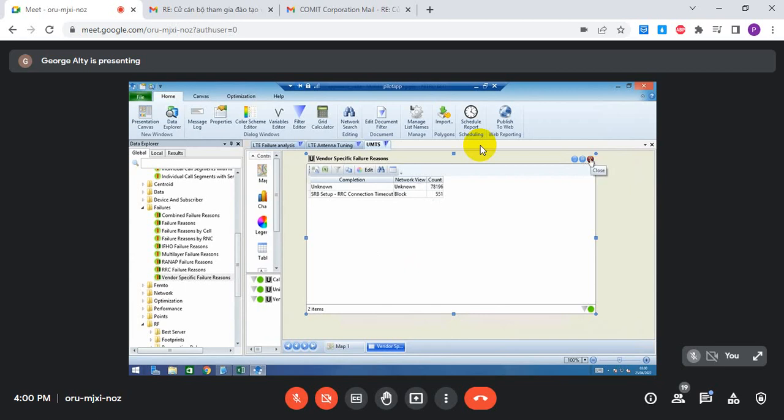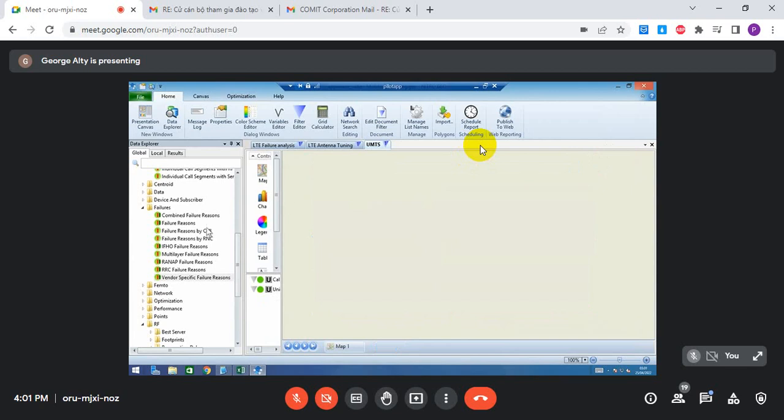We covered that. Let me have a look, see if we've got a multi-layer failure reasons table. Okay. Failure reasons, we covered that. So we're going to 3A.